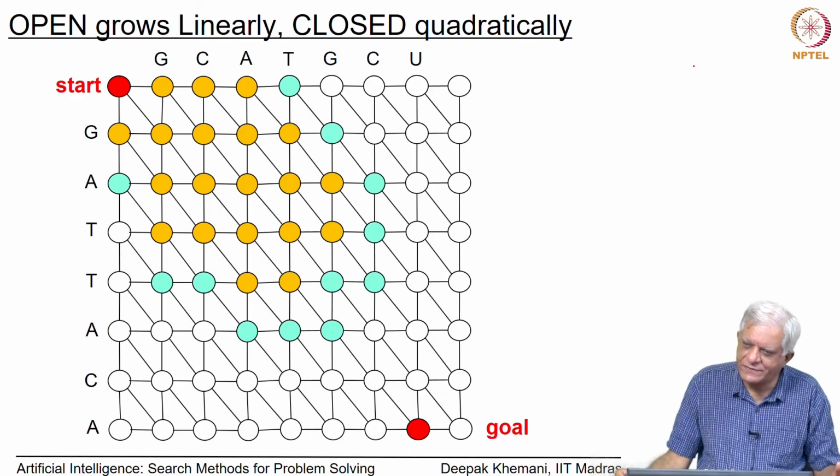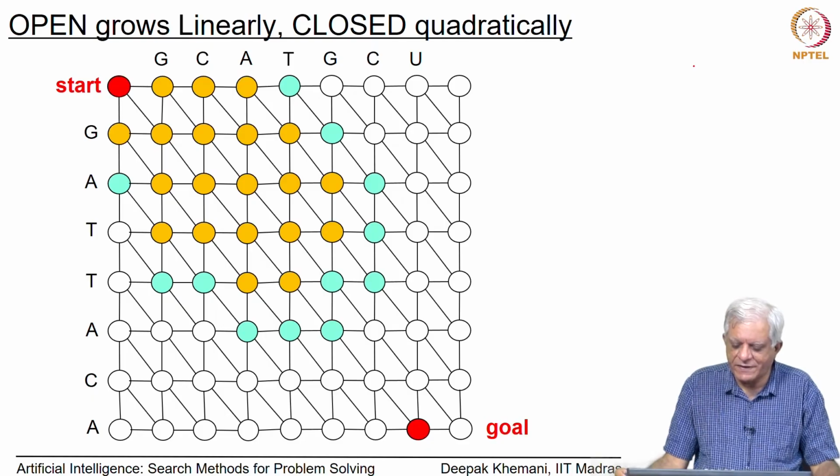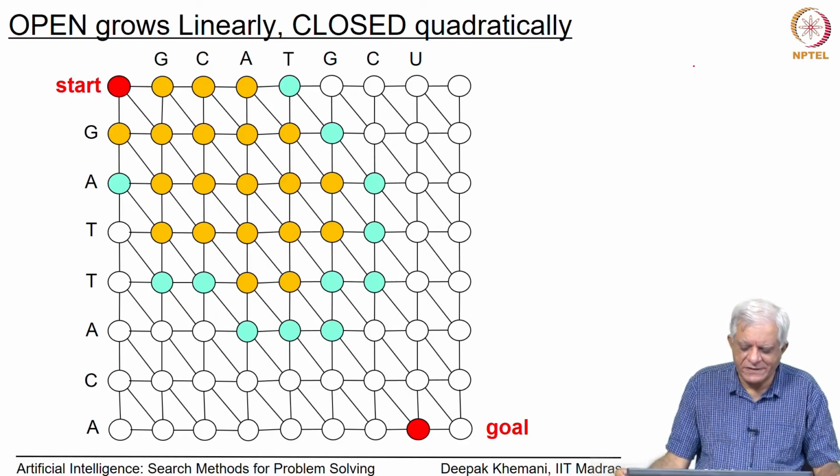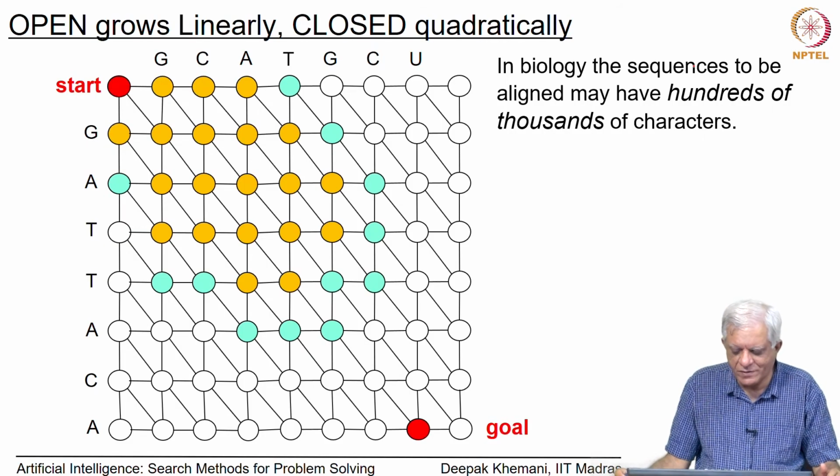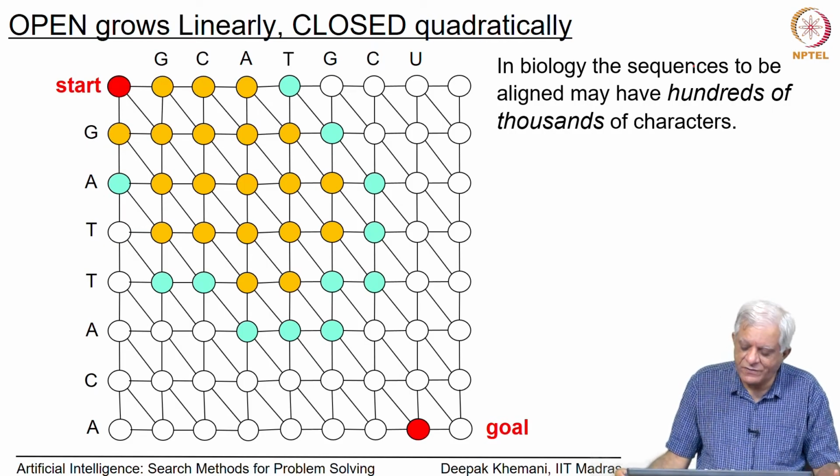Obviously, with small graphs like the kind that we have drawn here, it is not really a problem. But if you are working with bioinformatics or aligning sequences which come from biology, then each sequence may have hundreds of thousands of characters.